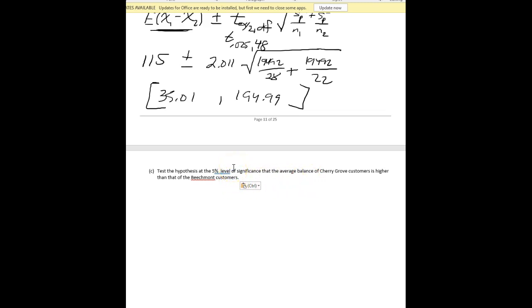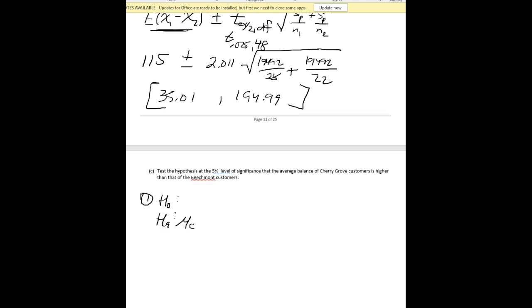So the first thing we do with the hypothesis test is write out our hypotheses. Our suspicion, the thing we're testing for, is that Cherry Grove is going to be higher than Beechmont, so that goes in our H_A.